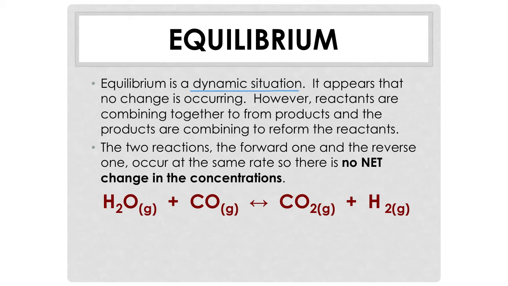So there are reactions that are occurring. We are forming products, we are reforming the reactants, but once the amounts stay constant, it kind of looks like nothing is happening because there's no net change in the concentrations once we reach equilibrium.